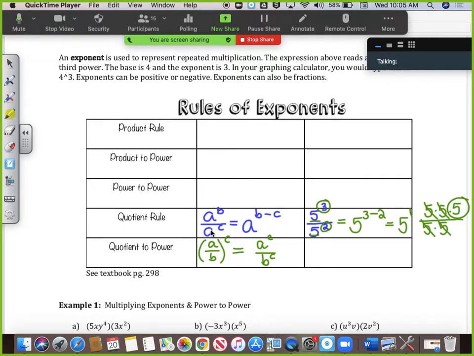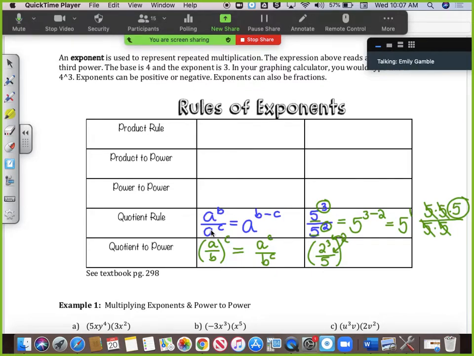So for example, if we had something like 2 to the third power over, let's say 5, and we're going to raise this all to the second power. To get rid of the parentheses and use the quotient to a power rule, we take the power that the fraction is being raised to, and we distribute that to both the numerator and denominator exponent of the fraction. You do this through multiplication.